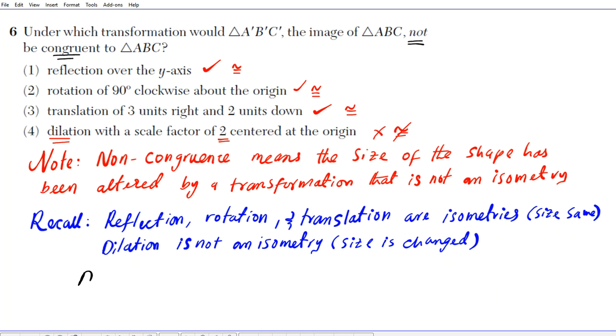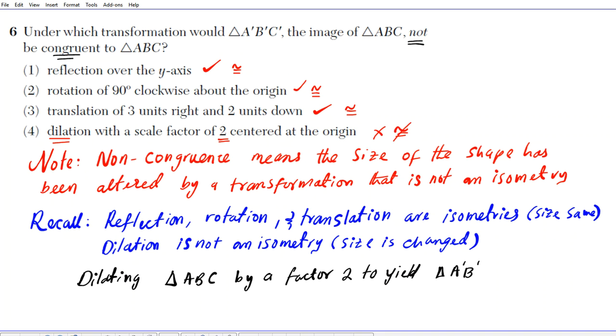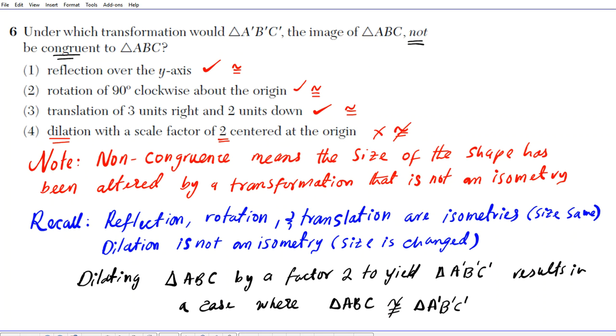It tells us that dilating the original figure, triangle ABC, by a factor of 2 to yield the image, triangle A prime, B prime, C prime, results in a case where we have non-congruence, where triangle ABC is definitely not congruent to triangle A prime, B prime, C prime because of the dilation.